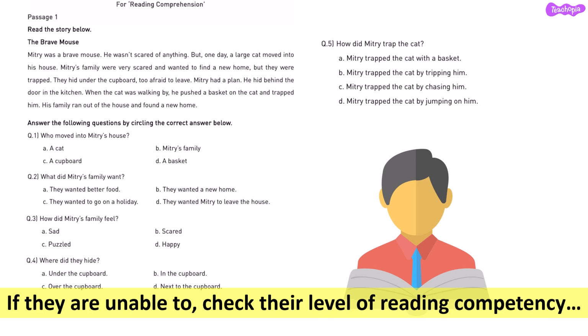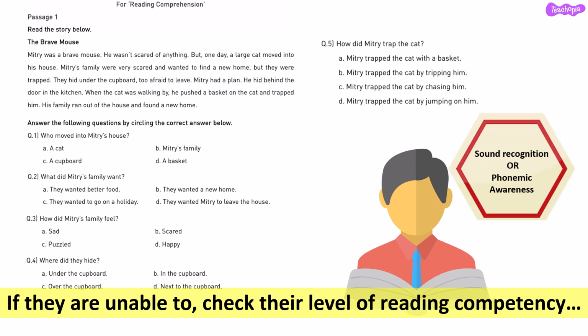And if they're unable to read it at the expected rate, you can check their level of reading competency by checking if they are able to identify the different sounds in a word, such as blends, digraphs, and diphthongs.